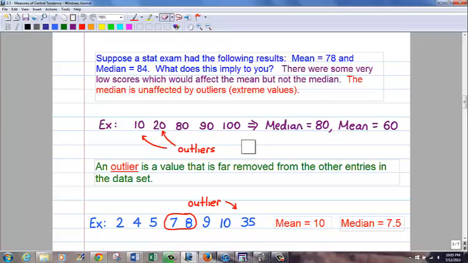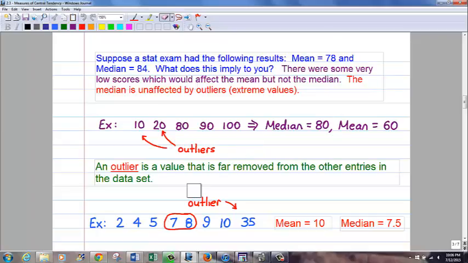But suppose then you had a different data set, 1, 2, 3, 4, and then 500. The median would still be 3, but the mean would be drastically affected by that 500 value. It would skew the average. So the median is not affected by outliers. It's just what's in the middle of the list.